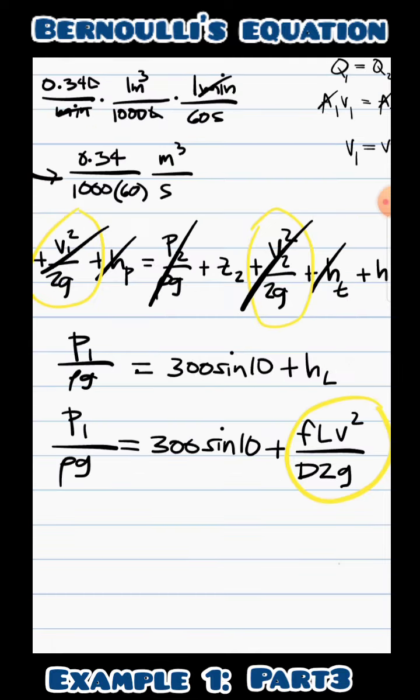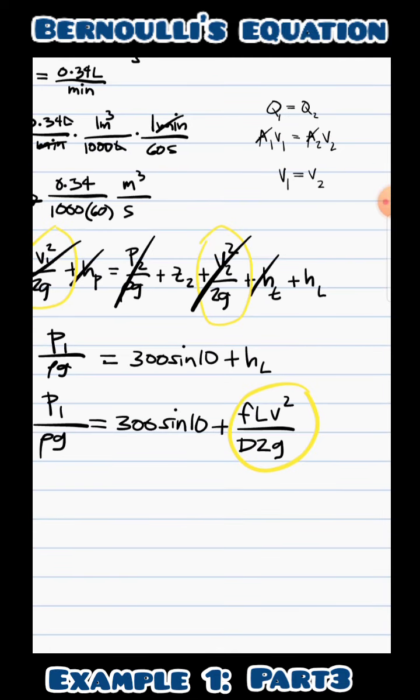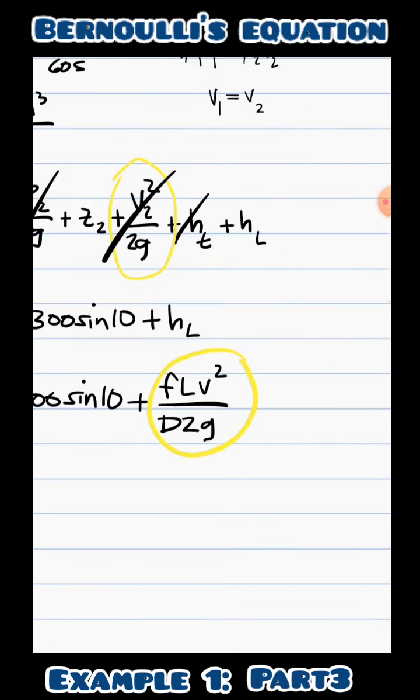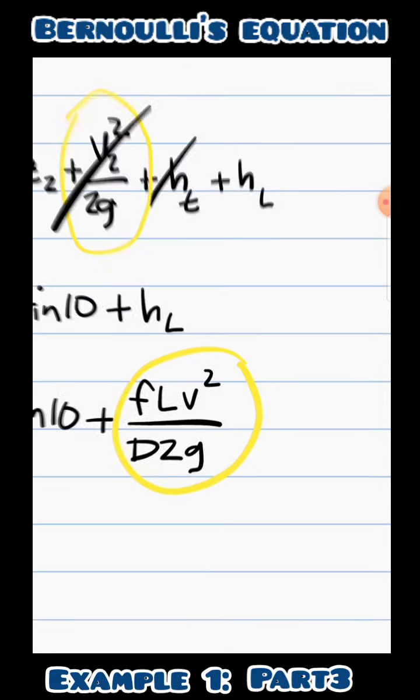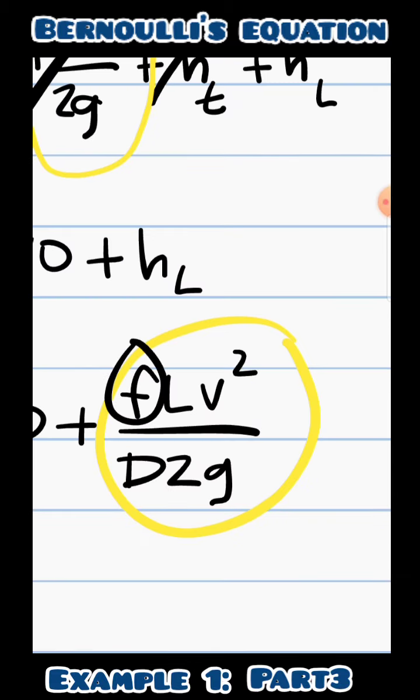What's the meaning of that? I can say that this is what they call the Darcy-Weisbach equation. It is used to find the head loss due to friction with the parameters: friction factor, length of the pipe, velocity in the pipe, diameter of the pipe, and acceleration due to gravity.